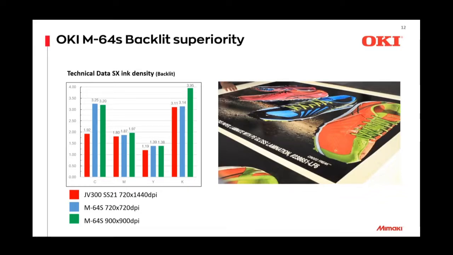So you can see clearly across cyan, magenta, yellow, and black that the blue and green is fairly significantly stronger and more dense across the board. On top of this, we're using a mode on the SS21 ink that is enabling 1440 DPI, 720 by 1440. So it just goes to show that there are certainly some really nice strong benefits regarding the density, and backlit has certainly been one of those areas where people have invested in the product purely to have the ability for that application.